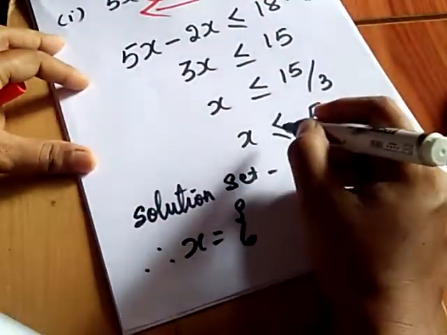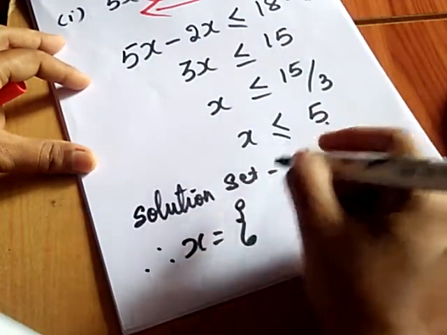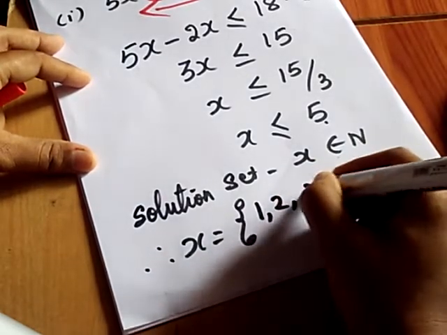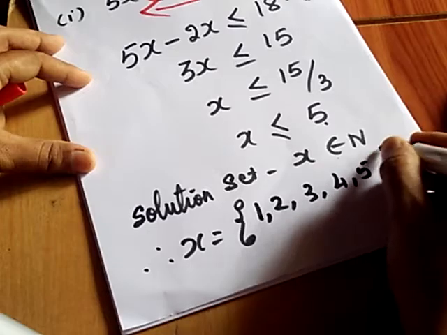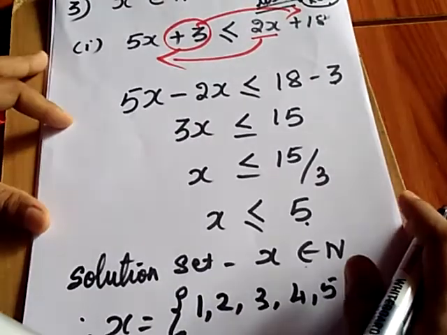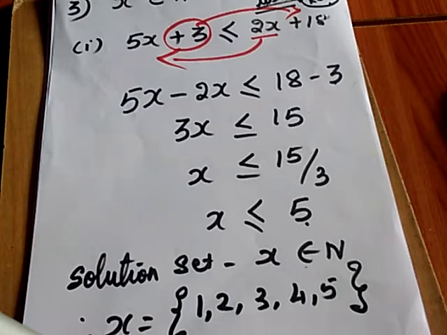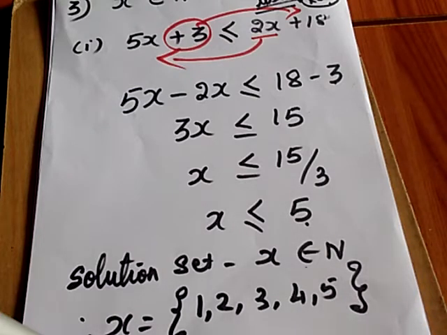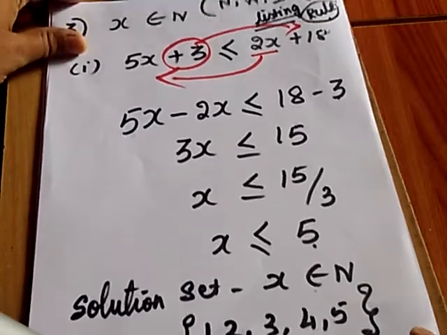It means as it is less than or equal to 5, I start with 1, 2, 3, 4, 5. This is the end of the solution of the given question. So we have solved the inequation in a normal way, and later the solution set is written by considering that x belongs to N, that is natural number.